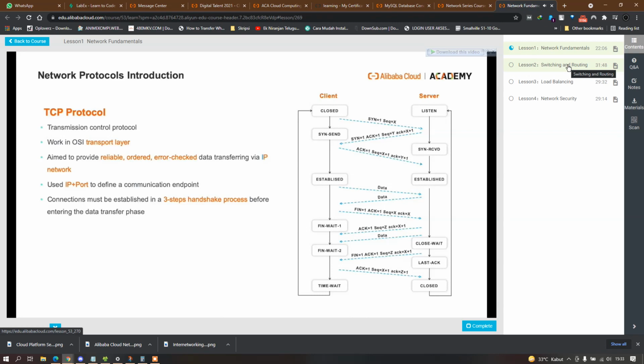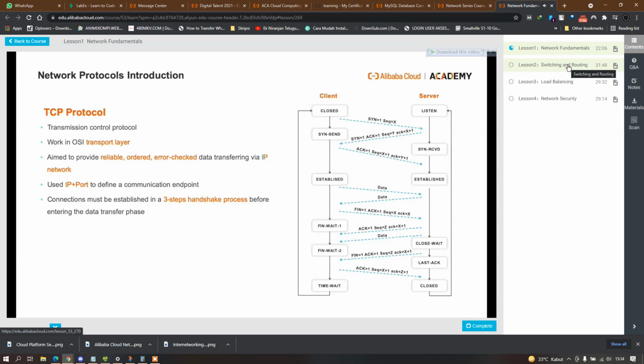And in the TCP protocol, it is using the IP plus port to define a communication endpoint. If you want to find some place in the TCP protocol, you will have the IP address and the port. And the last thing we should know is that in the TCP protocol, a connection must be established in a 3 steps handshake process before entering the data transfer phase, which means the data does not directly start transferring.